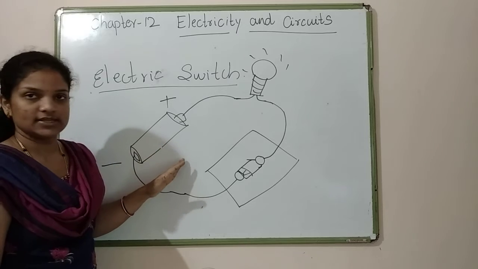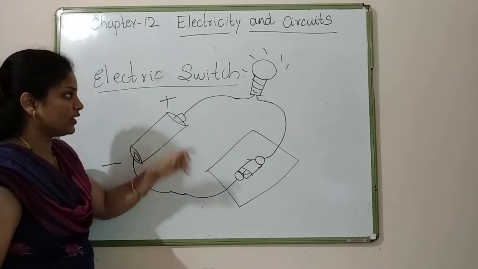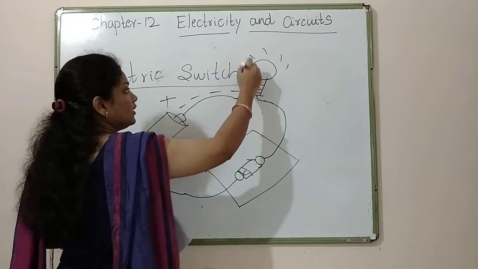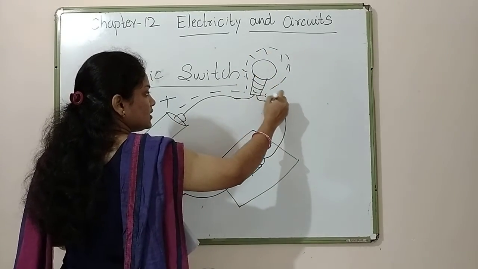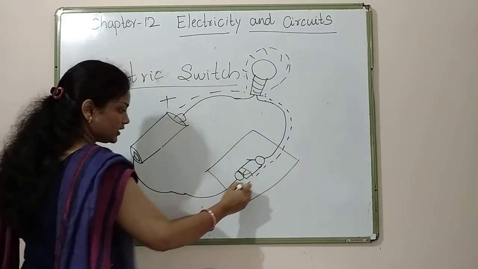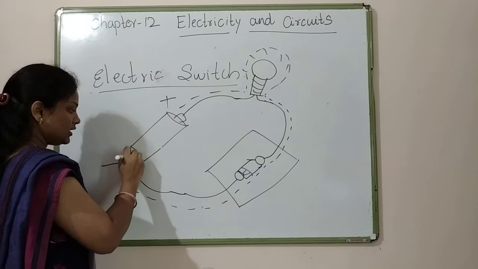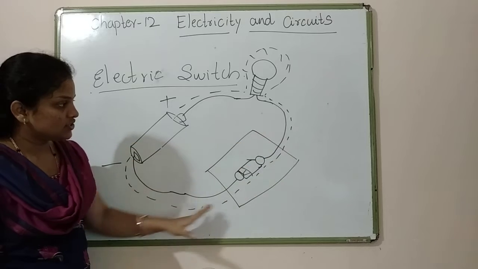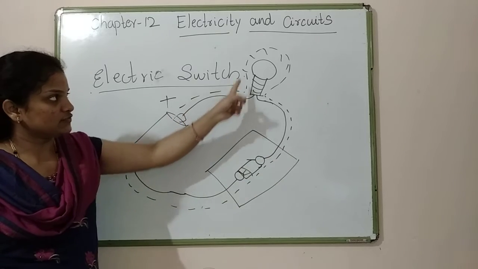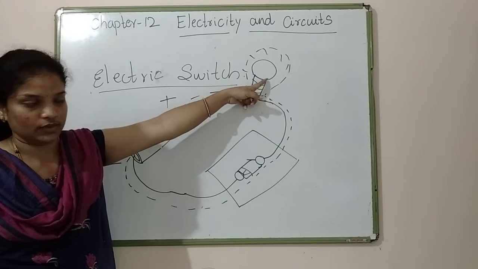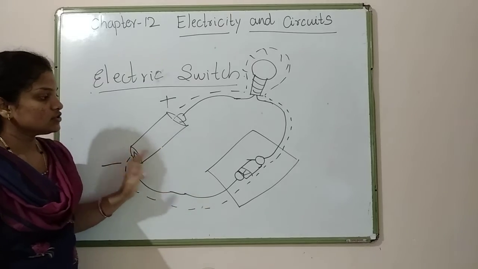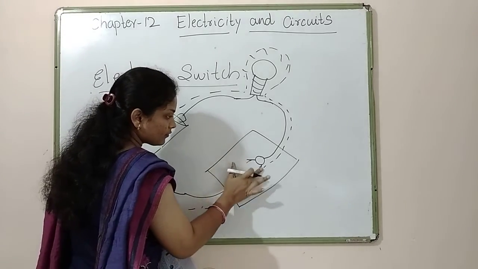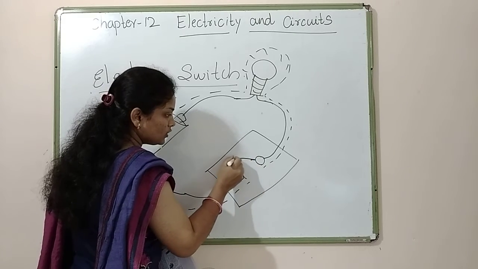When you do this, the current flows from the positive side and continuously flows to the negative side. So the power flows and the bulb glows. It comes back to negative. If you don't touch this pin, remove the pin.